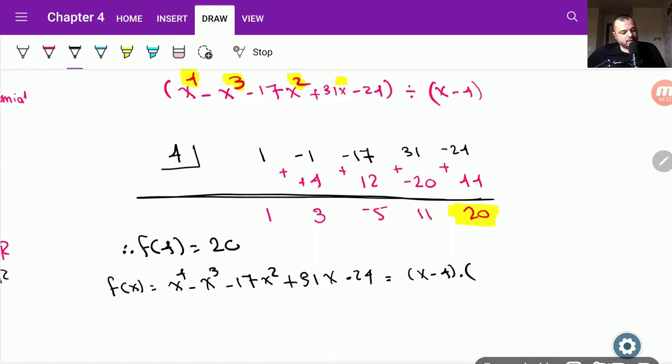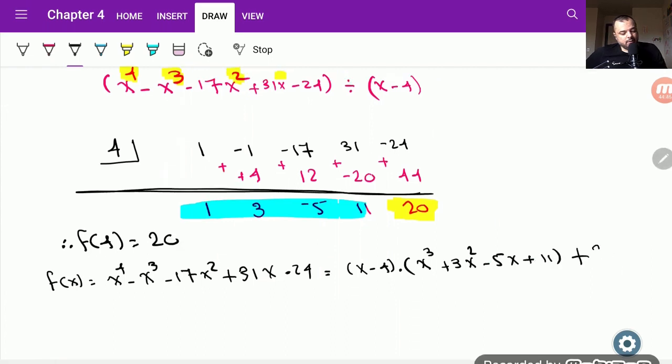What is the quotient? This is the quotient, highlighted in blue, which is x to the power of 3 plus 3x squared minus 5x plus 11, plus the remainder.